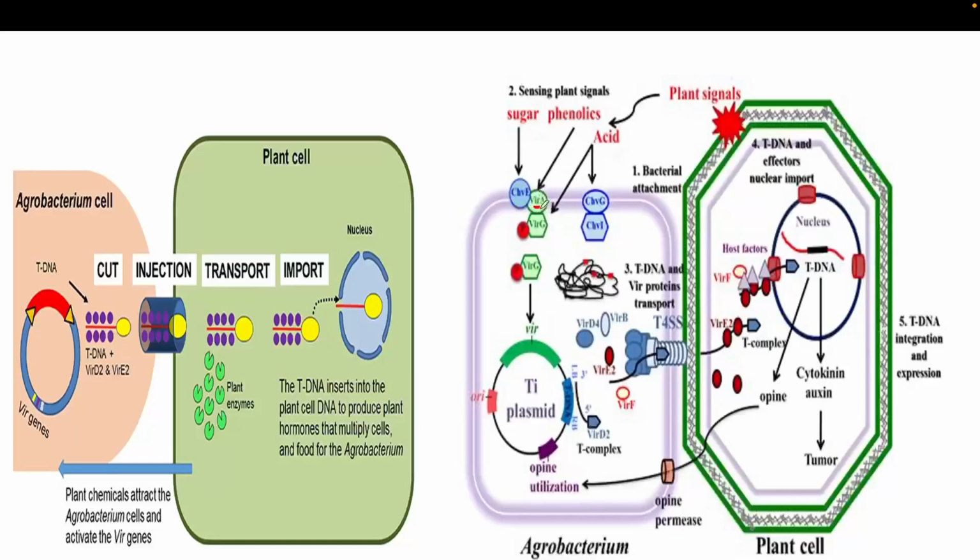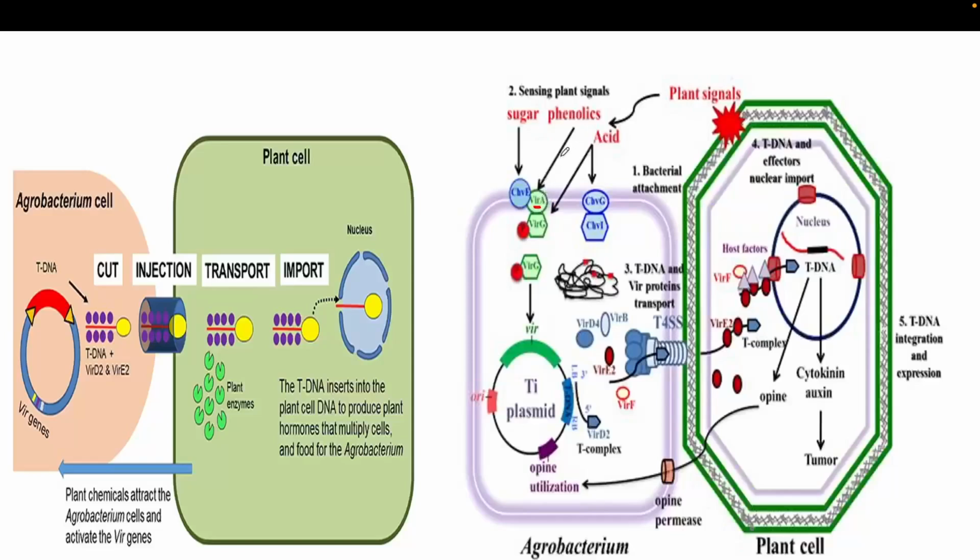This virulence A gene is connected with the virulence G gene. After the phenolic compound binds to the virulence A gene, it is activated by autophosphorylation, because it is a kind of kinase.